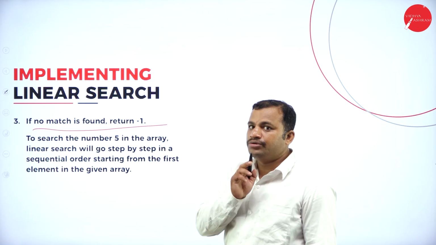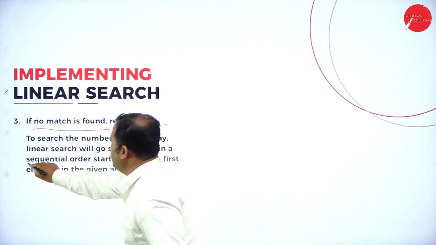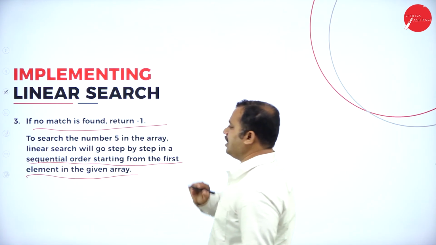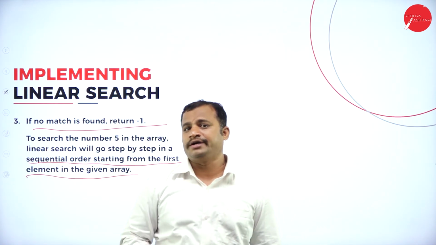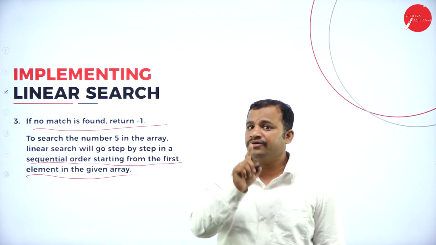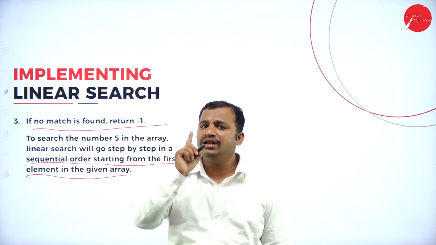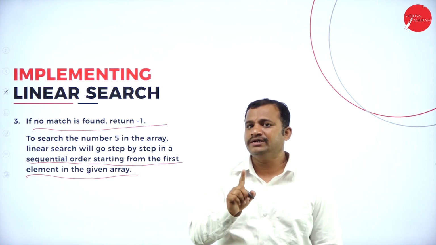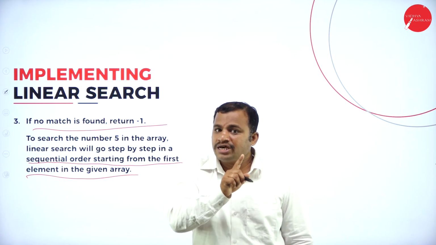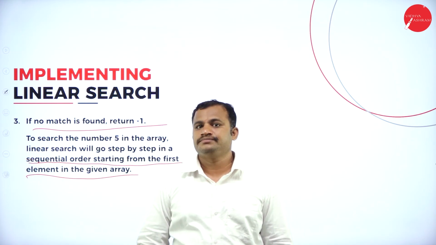Here one more thing you need to understand very carefully and observe. Sequential order starting from the first element in the given array is very, very important. If you use this word in the examination, you will get full marks, because the word sequential indicates that the linear search works on the condition of sequentially searching the element from starting to the last position.